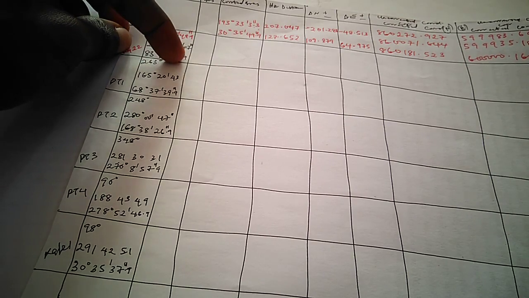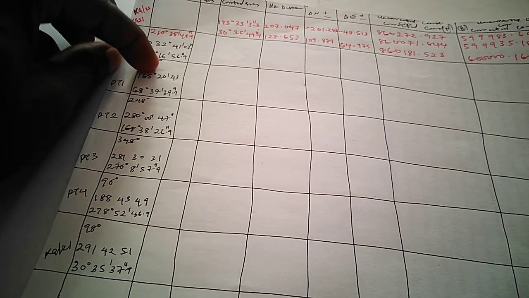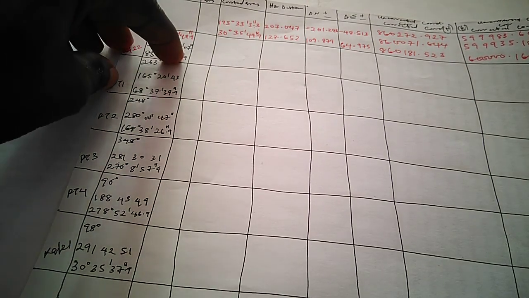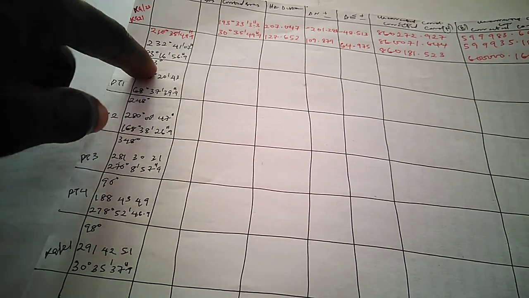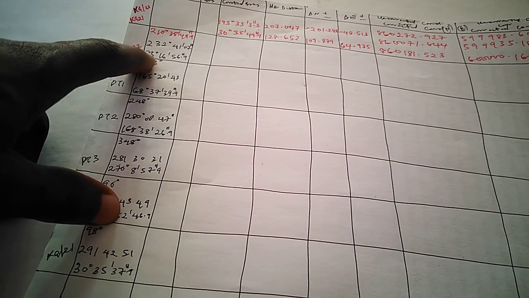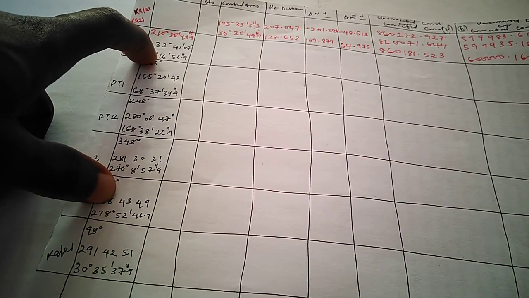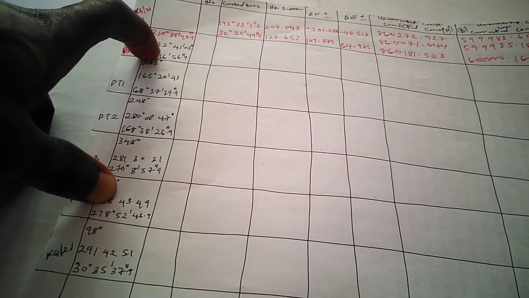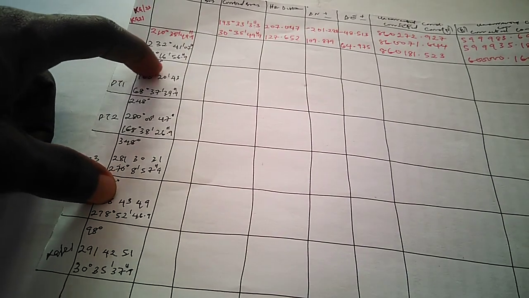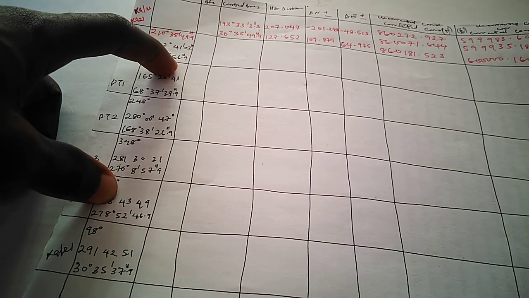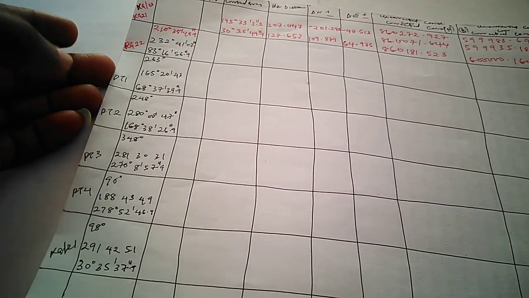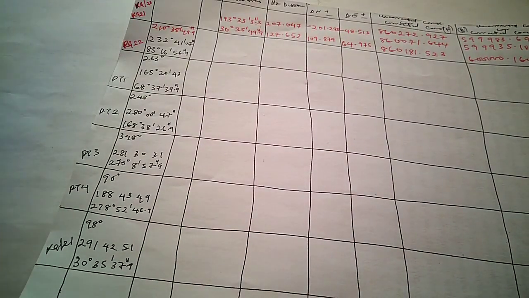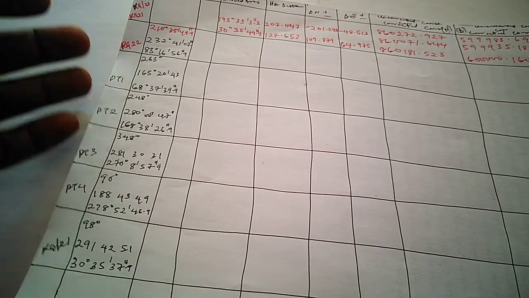Having got your forward bearing, if you want to get the back bearing of the next station, if that forward bearing is less than 180, you add 180 to it. But if that forward bearing is greater than 180, you subtract 180 from it to get the back bearing of the next station.